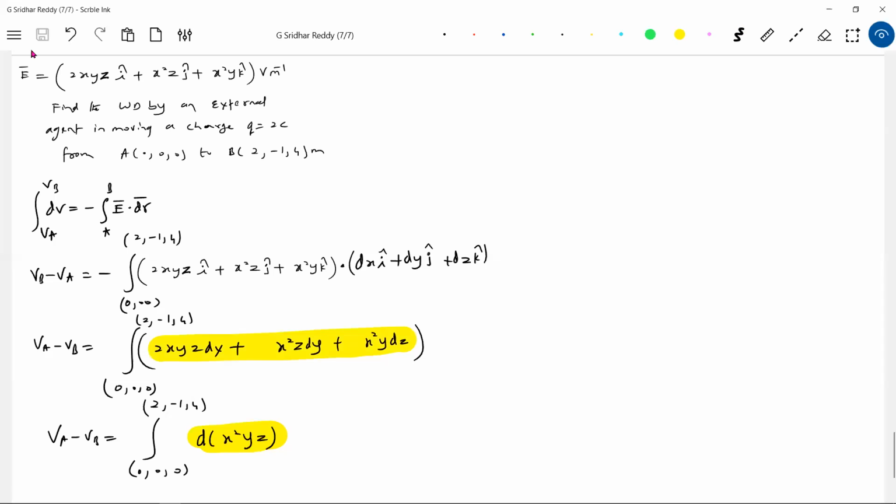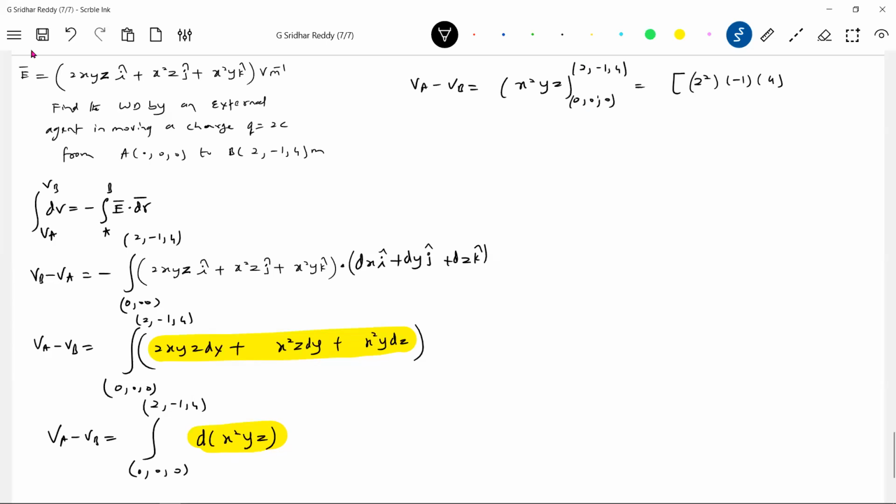So can I replace the whole bracket term, where the derivative cancels out, with a simple expression x square yz, with limit 0? Let me substitute the limit. The upper limit will be 2 square, plus 1, 4. Lower limit will be 0. Finally, how much will I get?